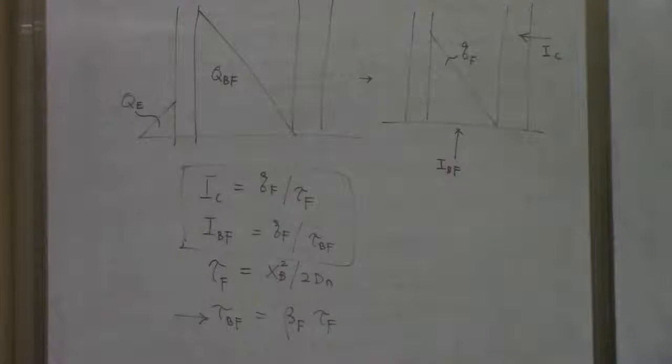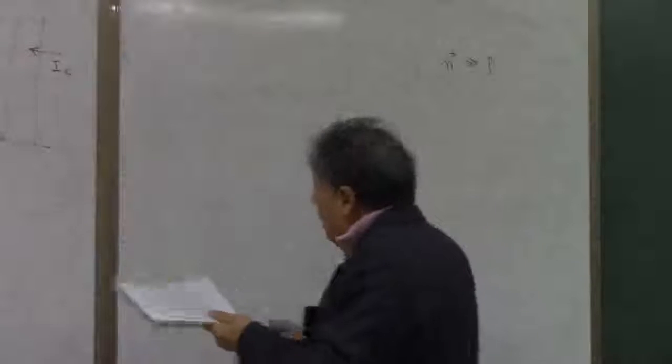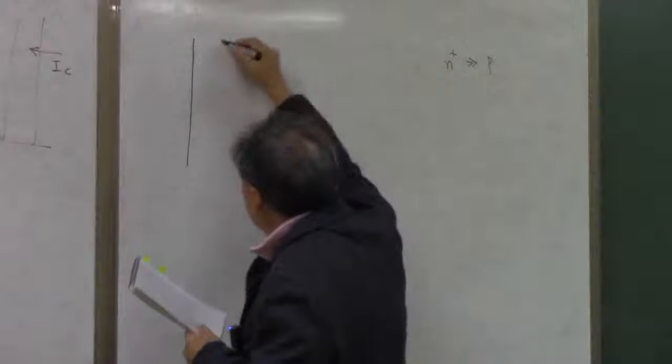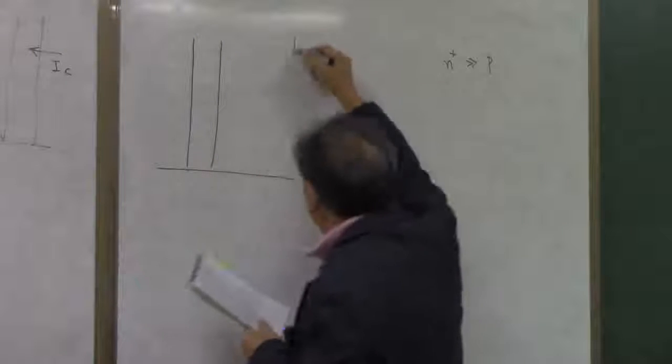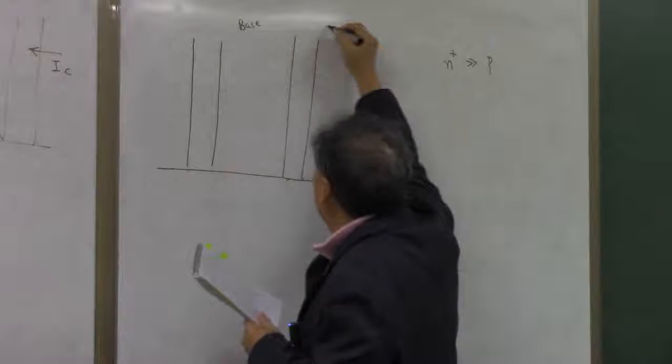All right, so far we have discussed the forward biased emitter and the base. We do the same thing, exactly the same thing, to the base and collector, which is a reverse bias this time. And this time, what we are going to have here is, this is the base, and this is collector.